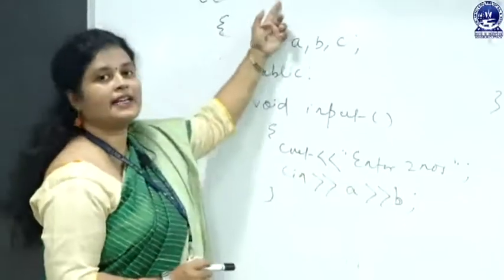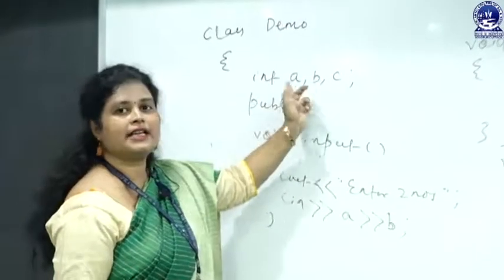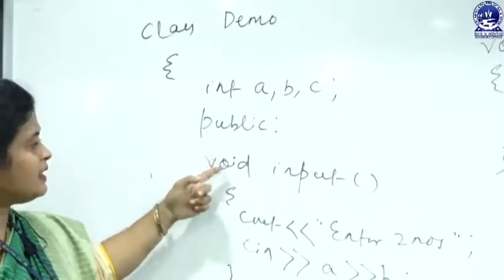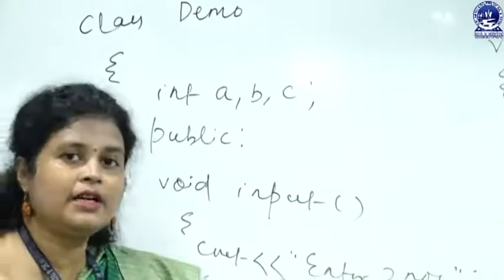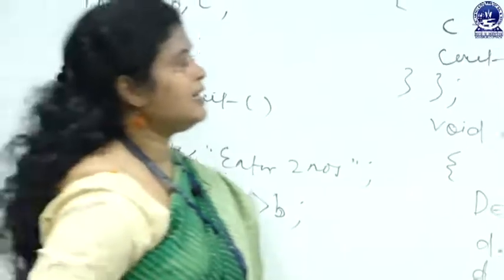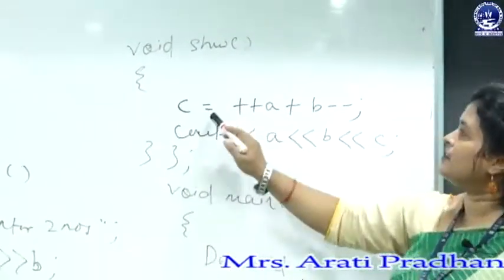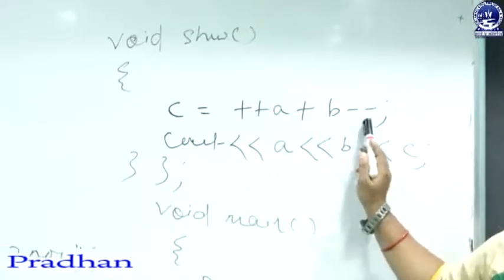Here I have taken a class, and the class name is demo. I have used 3 variables, int a, b, c, then the public access specifier, then the void input function. Inside the input function you will enter 2 numbers, any values for a and b. Then I have used the show function, and in the show function I have used c equal to plus plus a plus b minus minus.